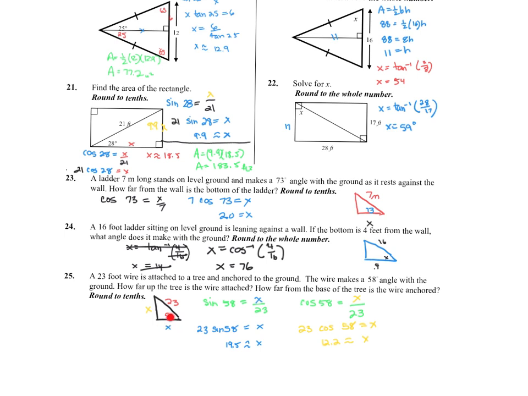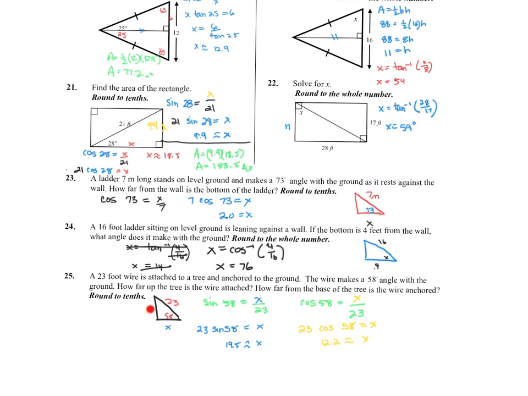So this is our 58, and so we are looking for the adjacent, and we have the hypotenuse, and so that is going to be this one over here. And you can see that that would be a cosine of 58 equals x divided by 23, and that's going to give us approximately 12.2.